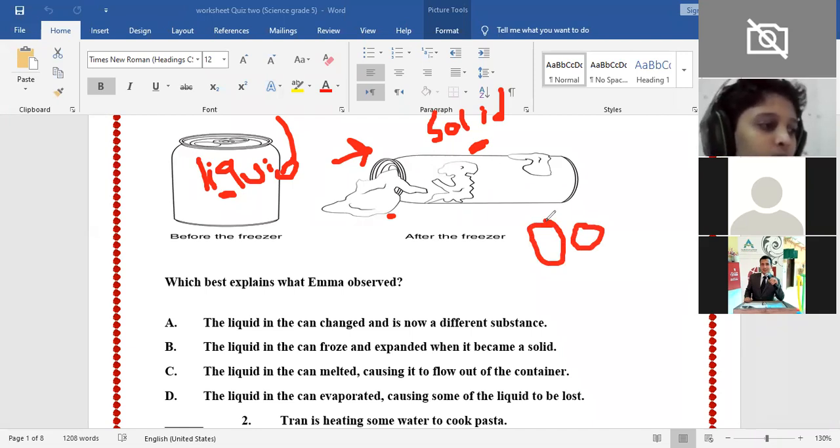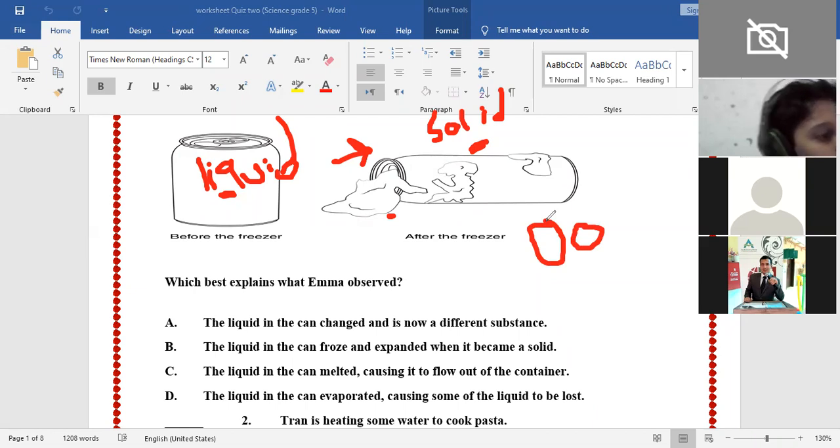In hot places matter expands, but in cold places it decreases. But here it's called the freezing process. When it changes to solid, it will expand.